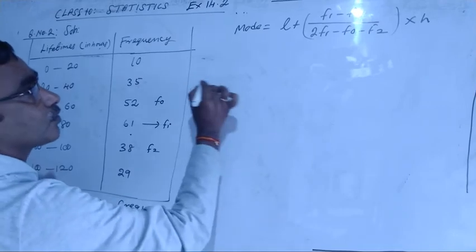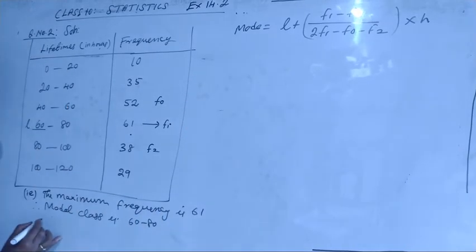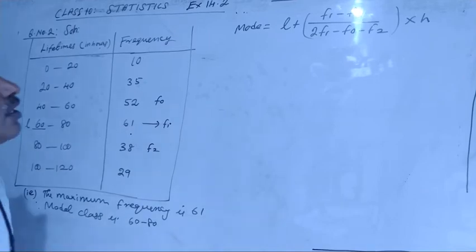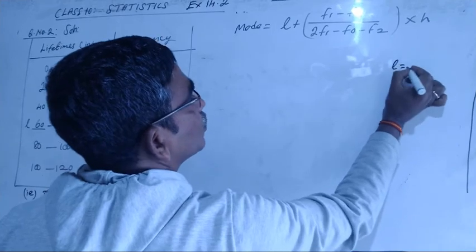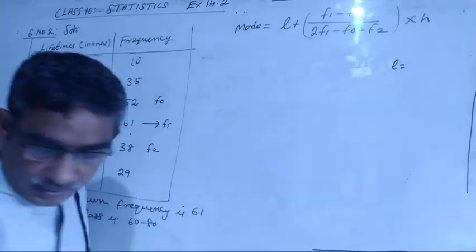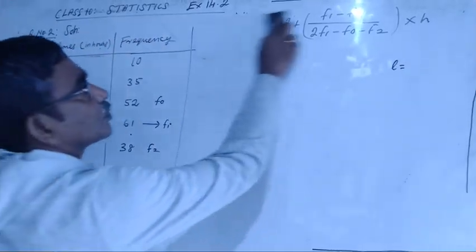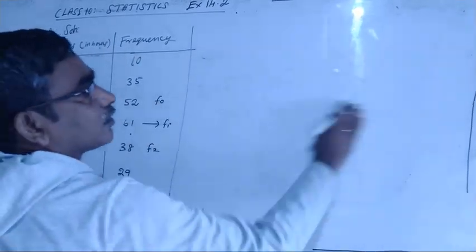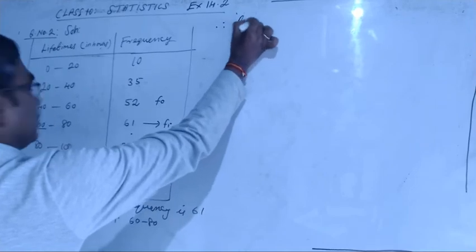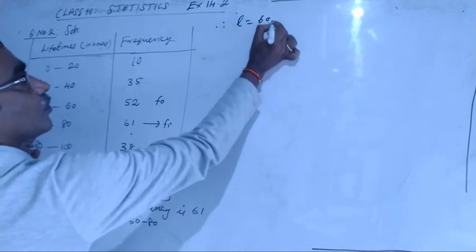Therefore, L is equal to the lower limit, which is 60.